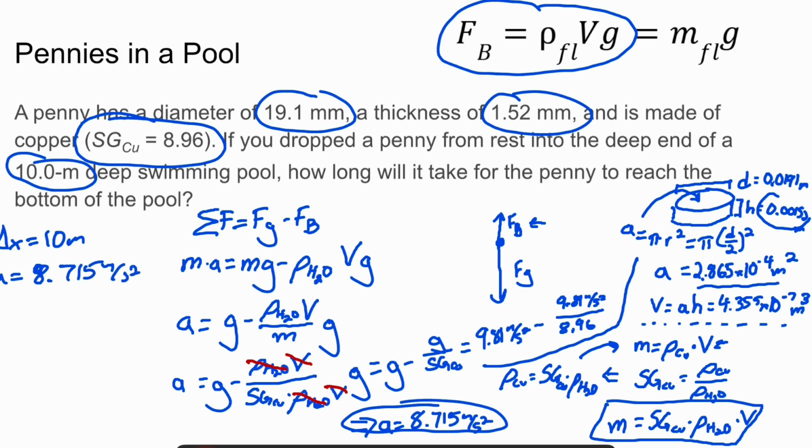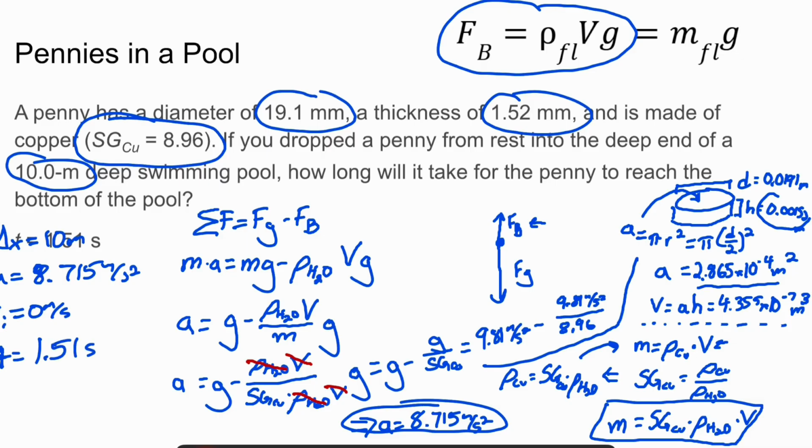We just need one other variable in order to use our motion equations, right? If we assume that once the penny is at the top of the pool, it is at an initial velocity of 0 meters per second, then all we need to do is use our kinematics equation to find the amount of time that it would take for that penny to reach the bottom. And we should find that the time, if you run the math, should be 1.51 seconds.